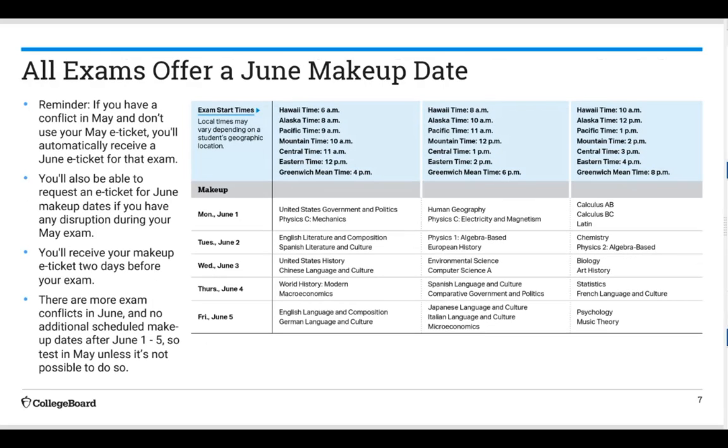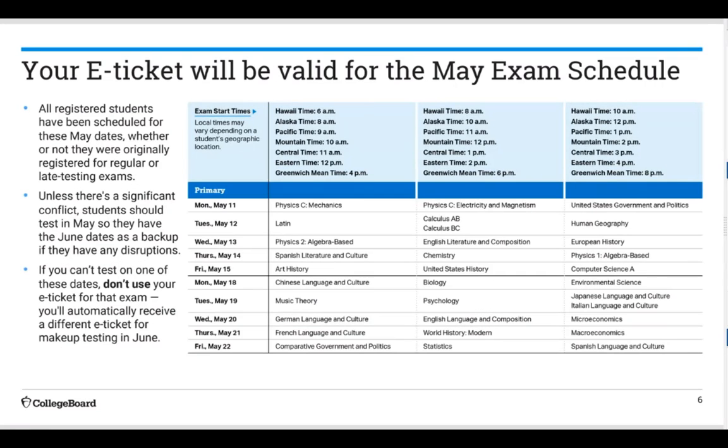All exams have a makeup date. So our makeup date is Wednesday, June 3rd. And you'll also notice that there is a specific time. All the exams are being given at the exact same time throughout the world. So, for example, our exam starts at 4 p.m. on May 18th.